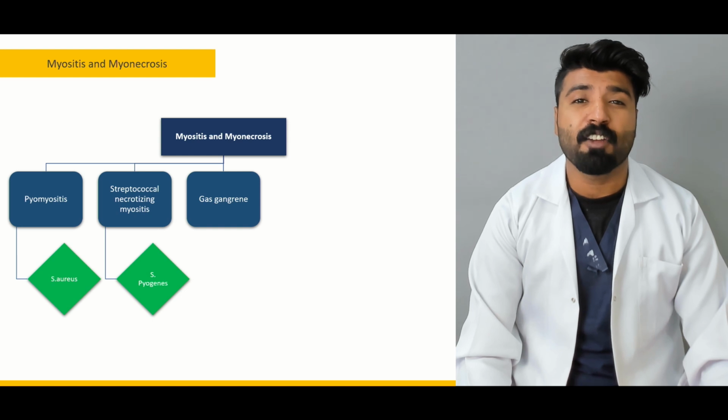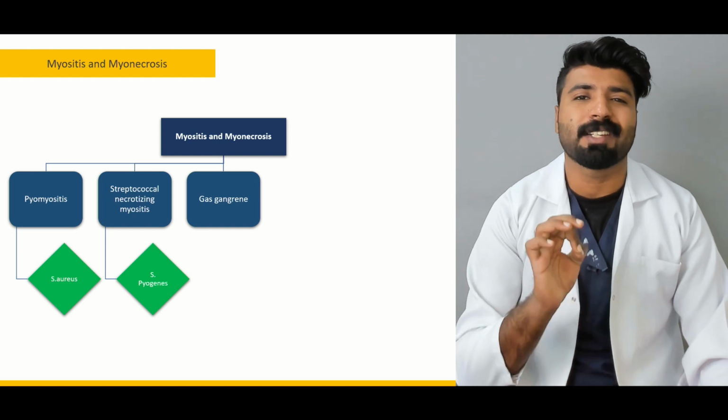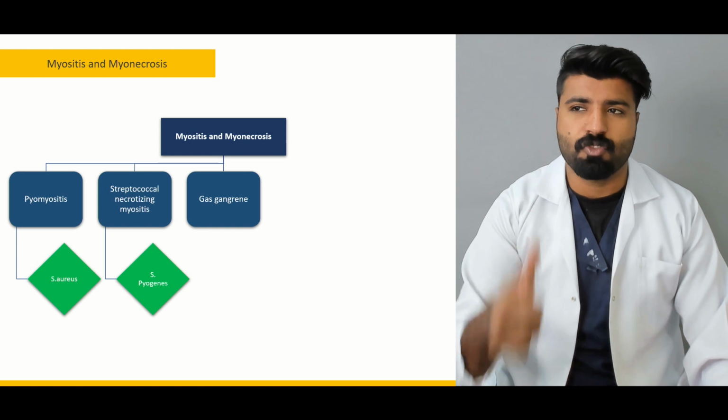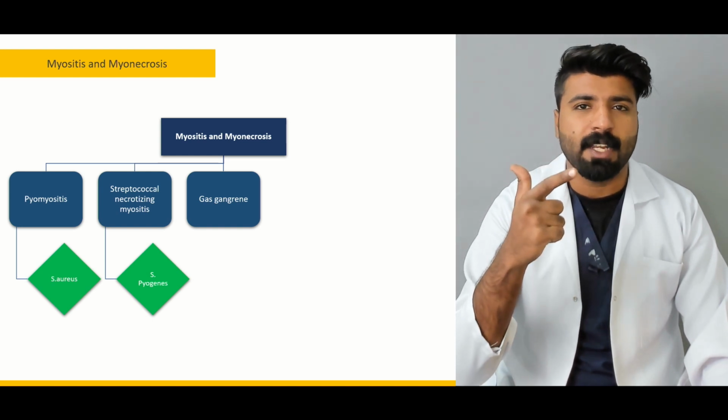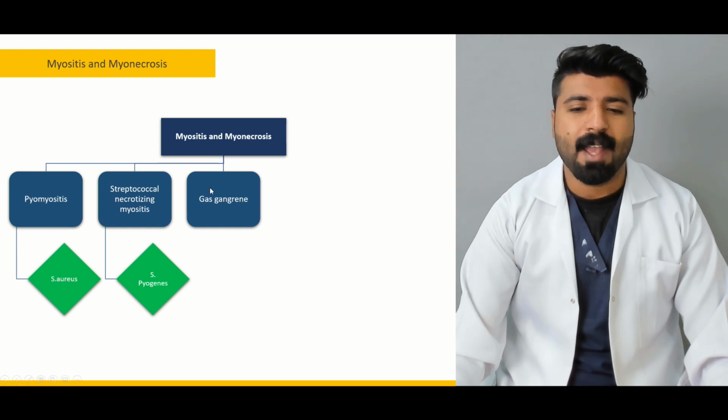When it's not getting enough blood supply, it will lead to gangrene formation. When the blood supply has been impeded and that area goes into necrosis, that is called gangrene. Now, gangrene has further subtypes. There's dry gangrene, there's wet gangrene, and then there's gas gangrene. And we are talking about gas gangrene here.